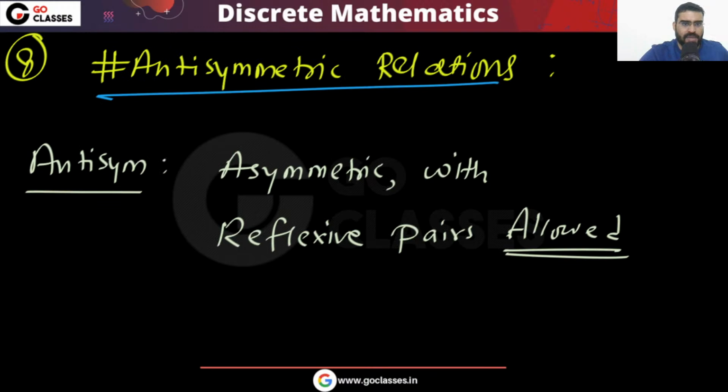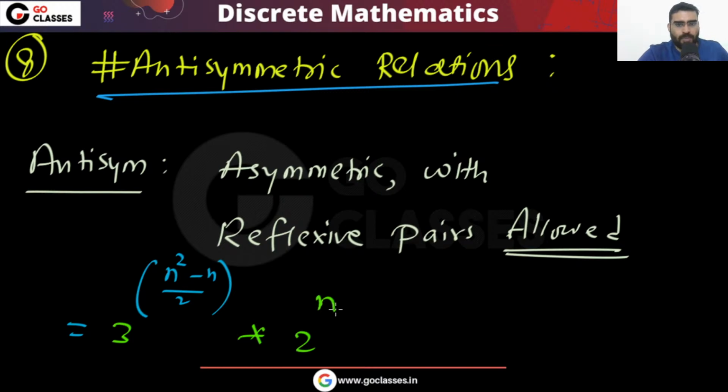So finally, what will happen in the antisymmetric? It will be the number of asymmetric relations, which is 3 power this, multiplied by 2 power n, because now reflexive pairs are allowed.